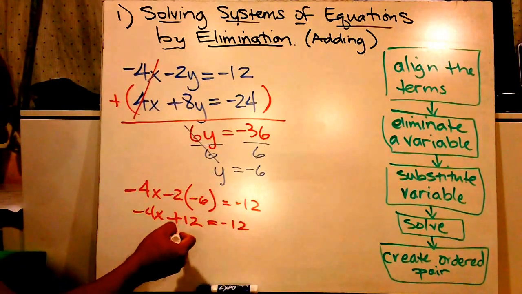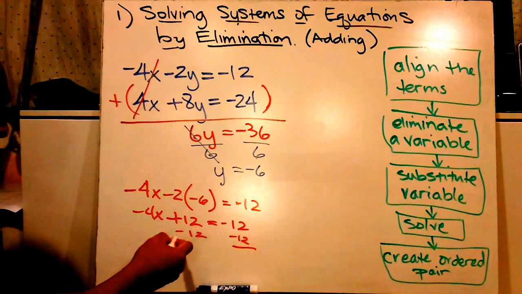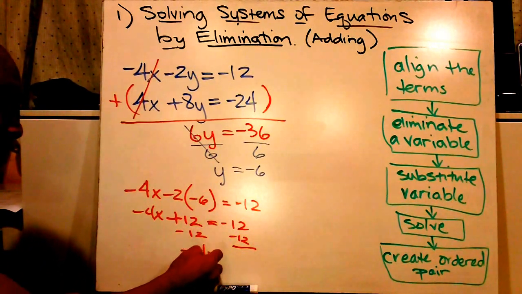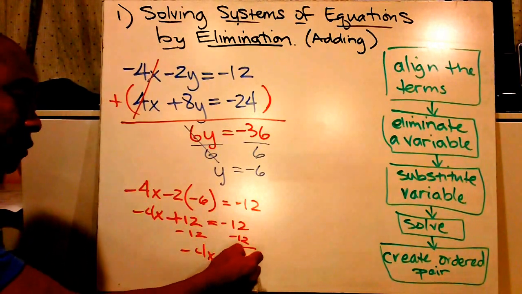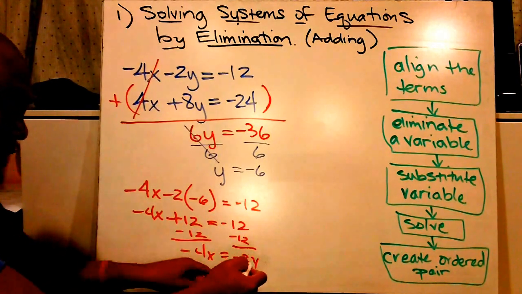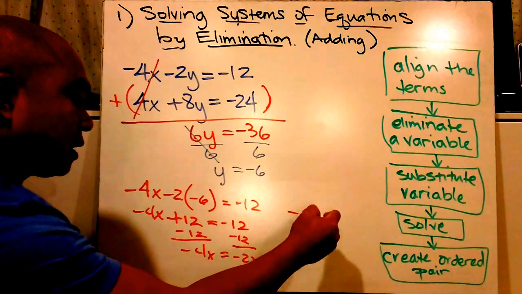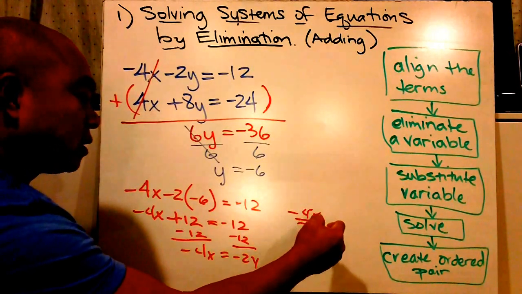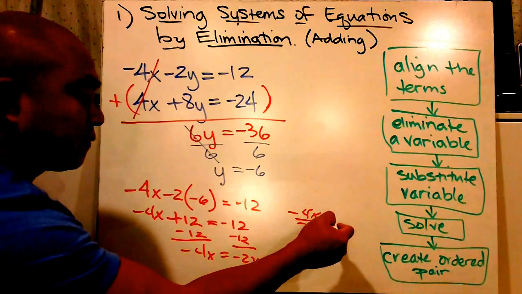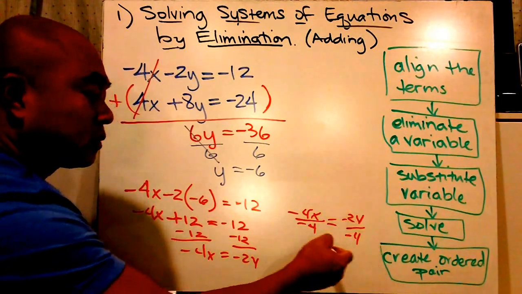Then subtract 12 from both sides. I have negative 4x is equal to negative 24, and that's going to give me x. Negative 4x divided by negative 4, and it's very important to divide by negative 4, is equal to negative 24 divided by negative 4.